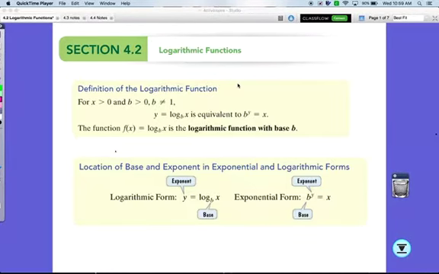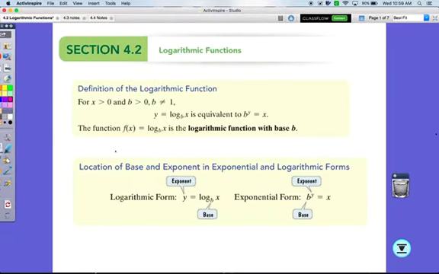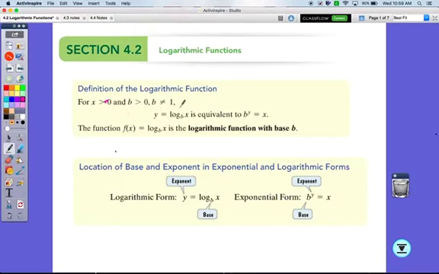Logarithmic functions are the inverse functions of exponentials, meaning they go the opposite way. Some basics of the log: you have a base, which is in subscript, and then you have the argument, or the input of the log, which is inside.